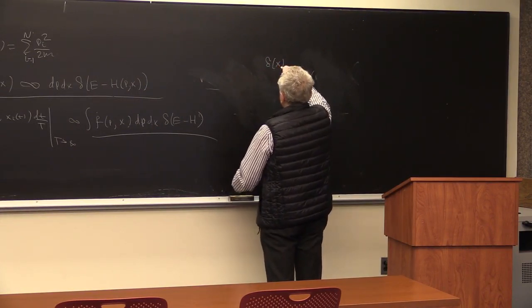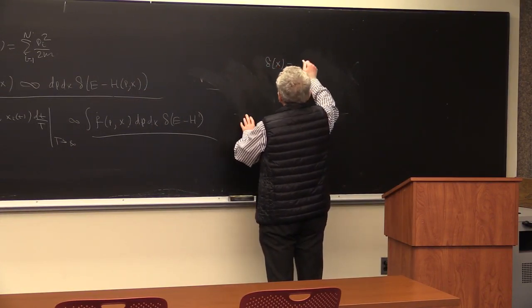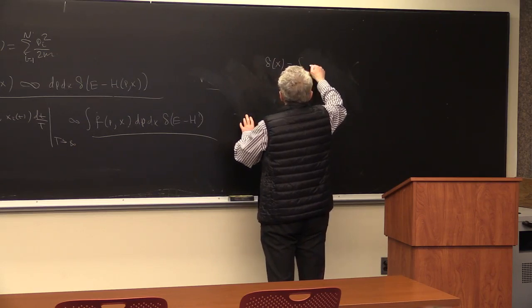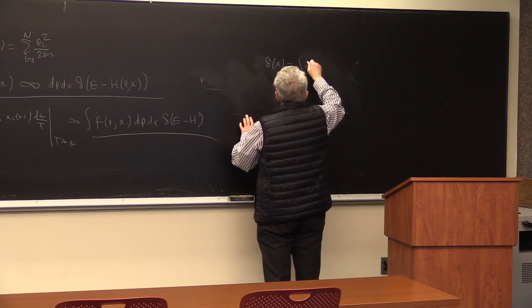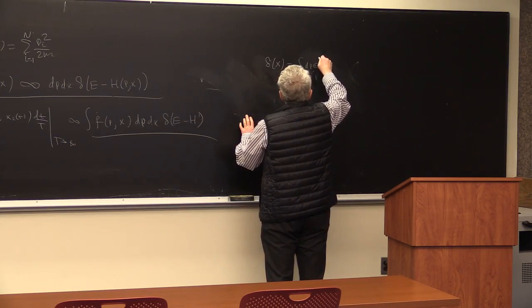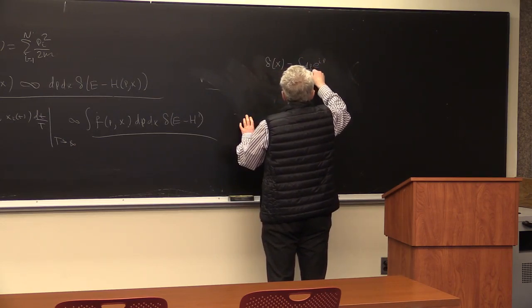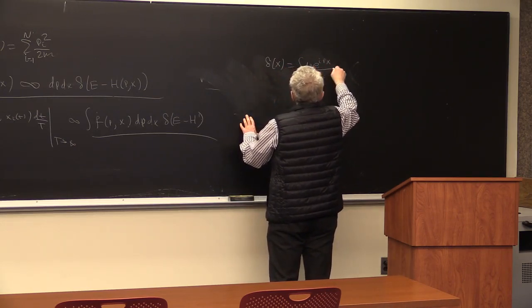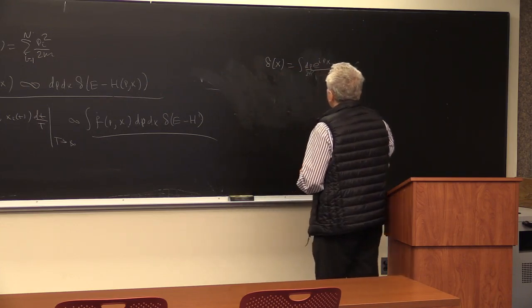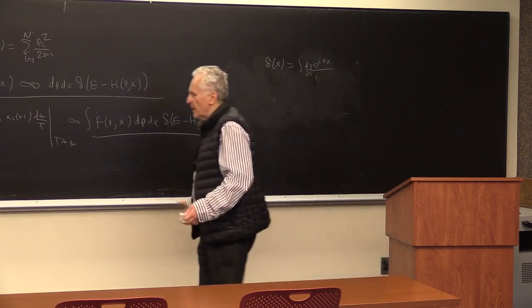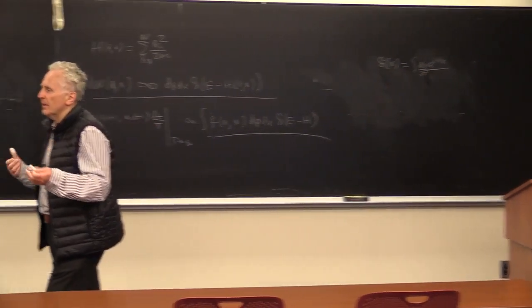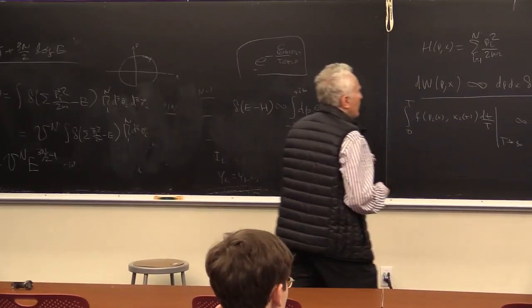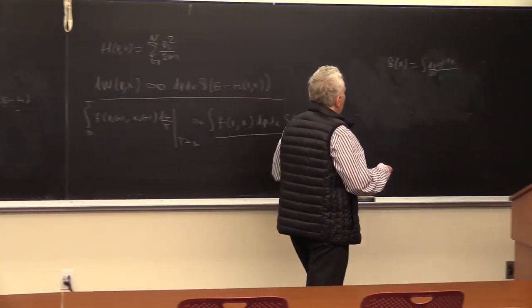The general formula is that the delta function as a function of x, you can always write down as the integral dp divided by 2 pi e to the ipx. That's basically the formula for the inversion of the Fourier transform.